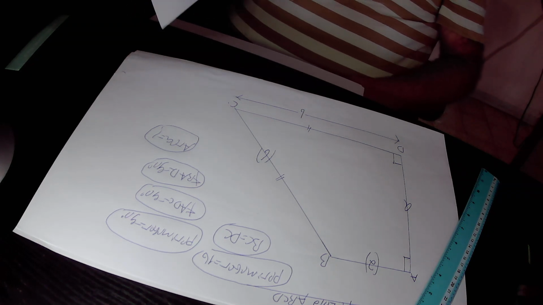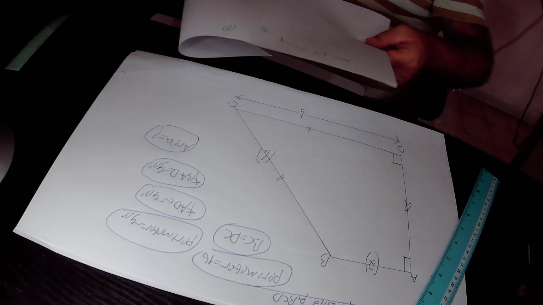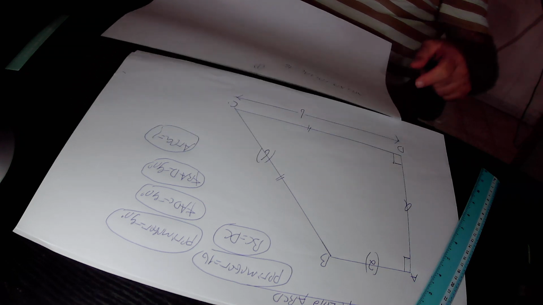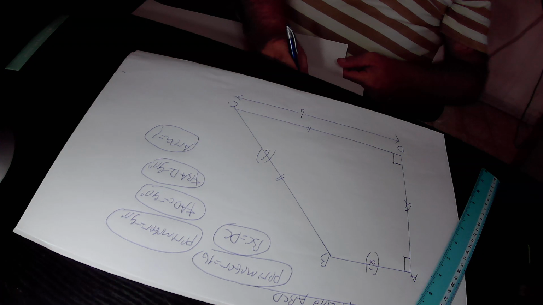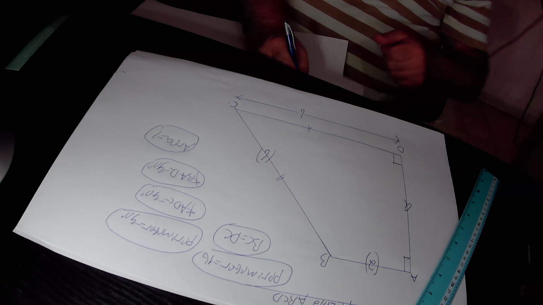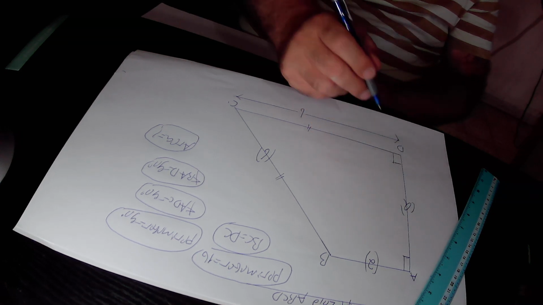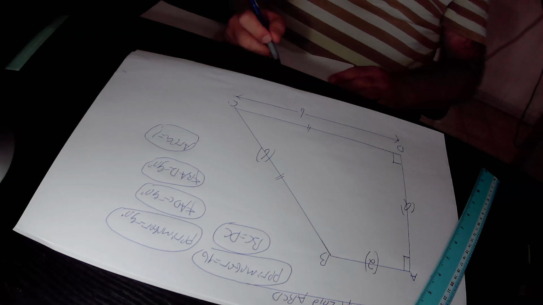So, we know that the perimeter of this trapezoid ABCD is equal to 16. That is to say, AB plus AD plus DC plus BC equals 16. AB is 2 according to what is given in the question, plus AD. AD is A according to our definition, so we substitute AD by A, plus BC.